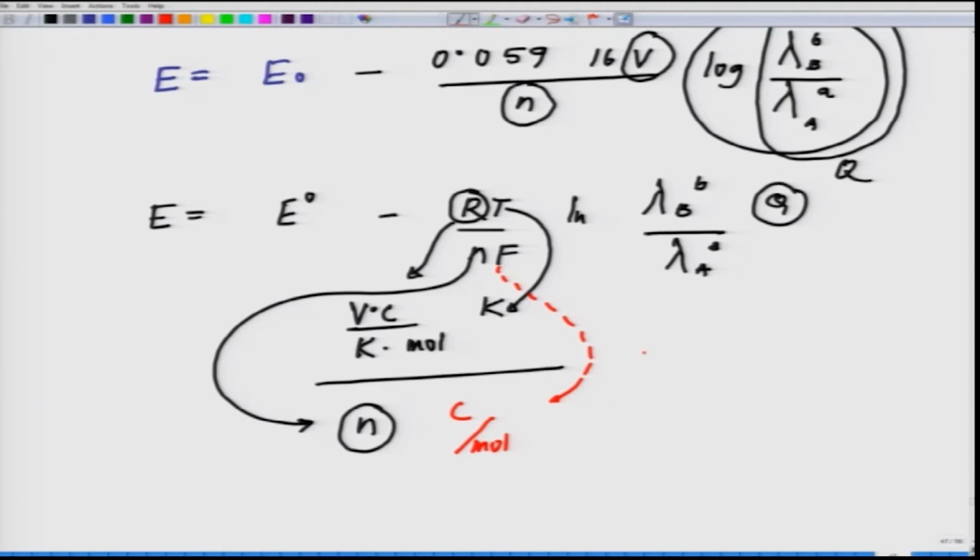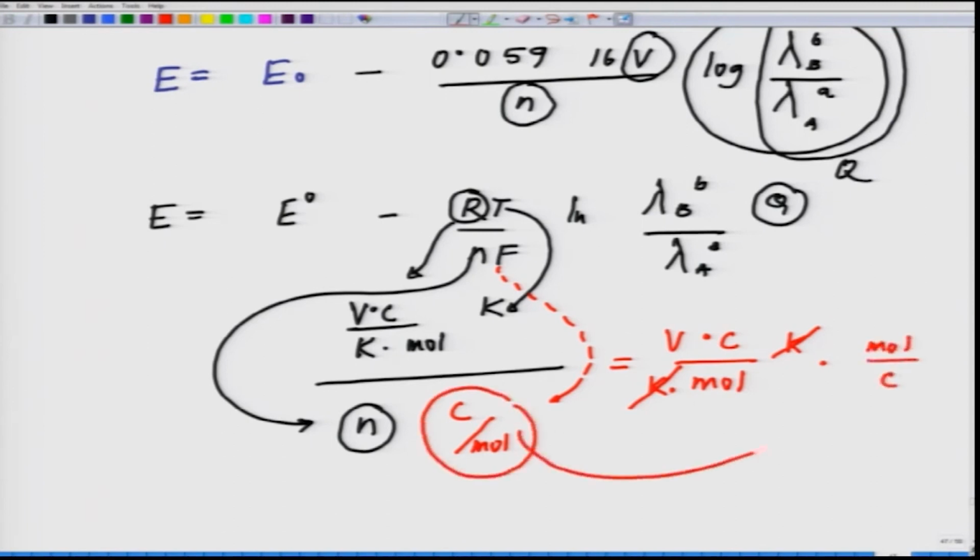If you now place it, the unit analysis becomes volt coulomb per mole. Of course, you have the K here, you have another K here, so this K cancels. So, you have volt coulomb per mole multiplied by mole per coulomb, which is this one; coulomb cancels, mole cancels, and you are left with volt.